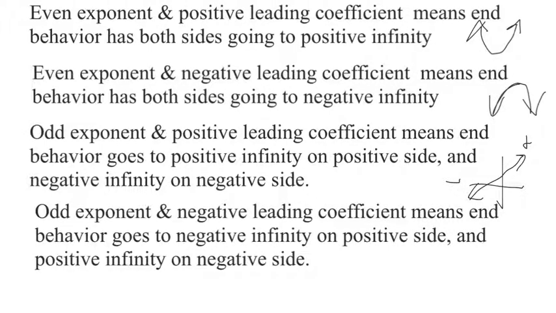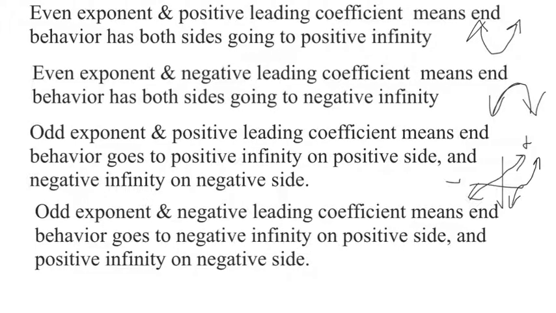Decreasing on this side over here, increasing on this side over here. Same thing's true when you had x to the 3rd. You had something that looks like this, decreasing on this side, increasing on that side.